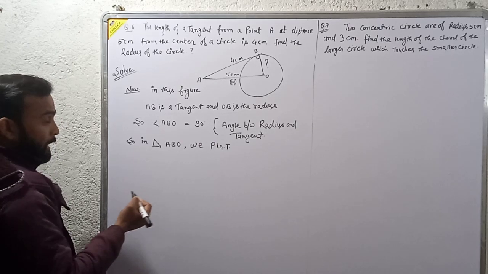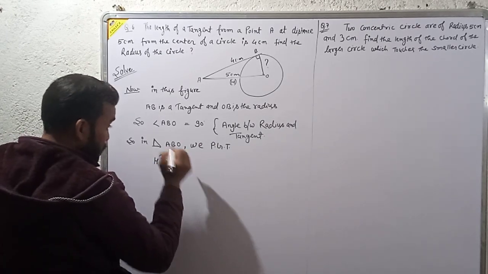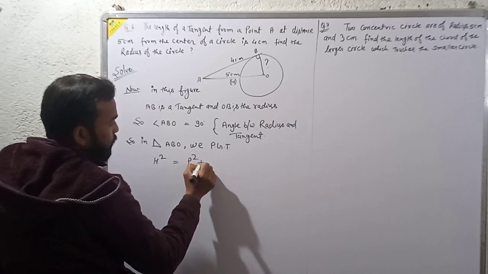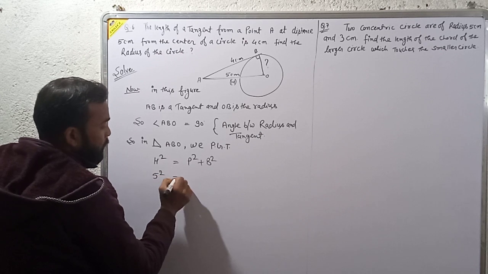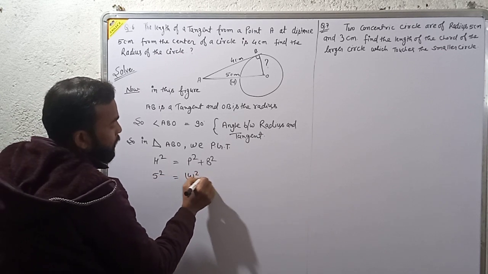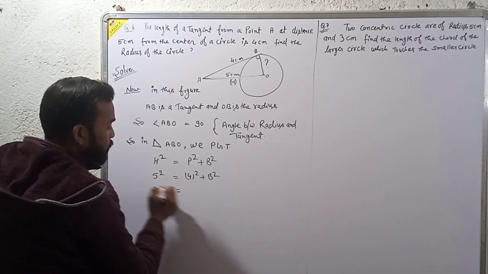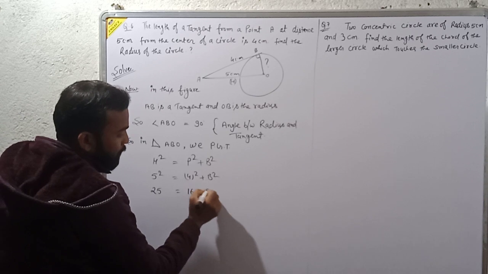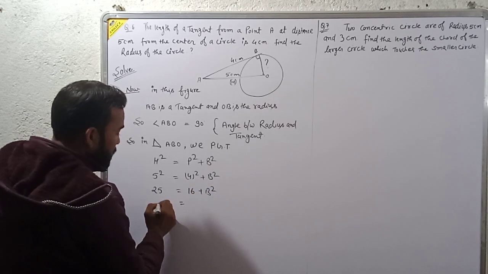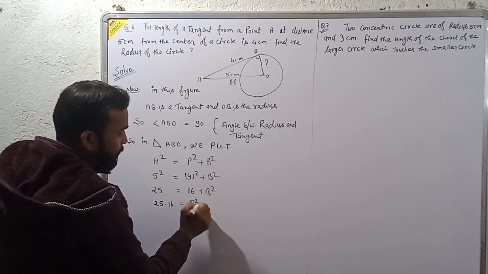In a right angle triangle, hypotenuse square is equal to perpendicular square plus base square. So 5 square is equal to 4 square plus b square. 5 square will be 25 and 4 square will be 16 plus b square. Here 25 minus 16 is equal to b square.